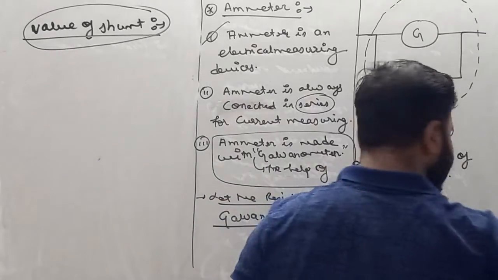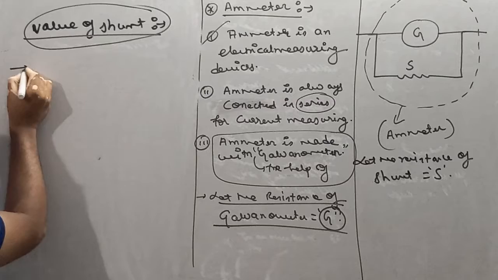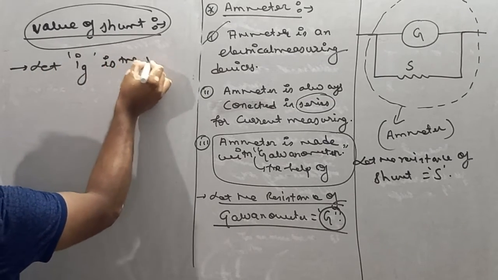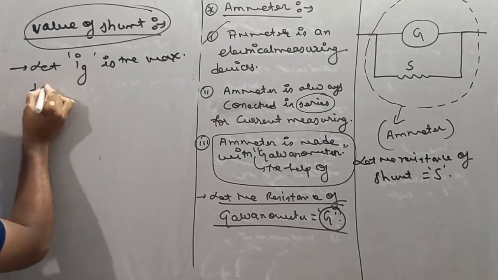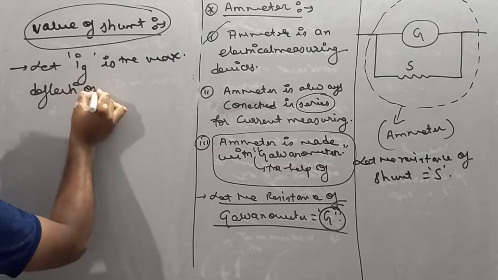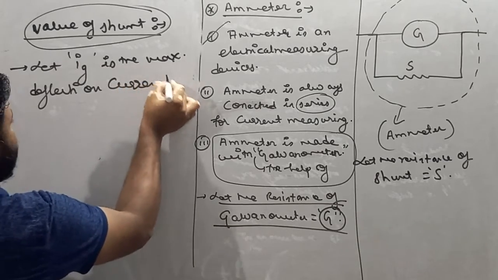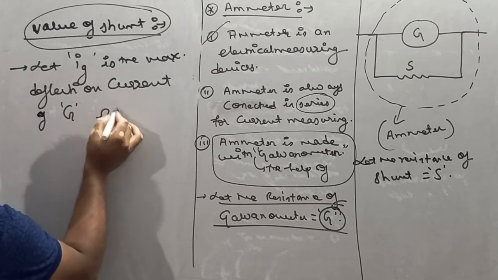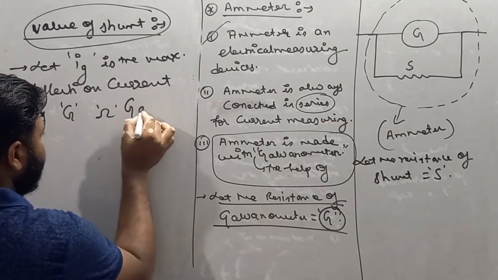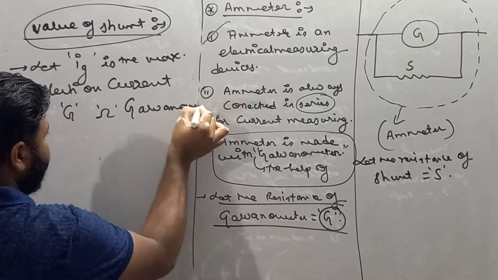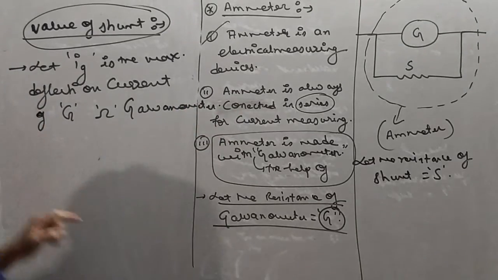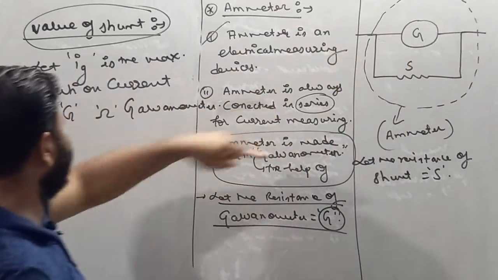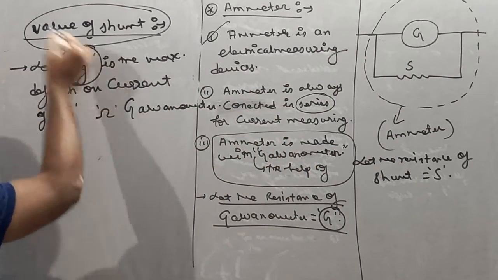Let Ig be the maximum deflection current of the G ohm galvanometer.